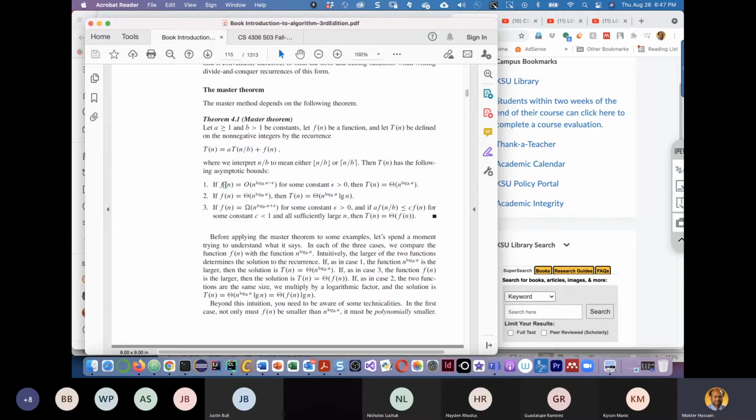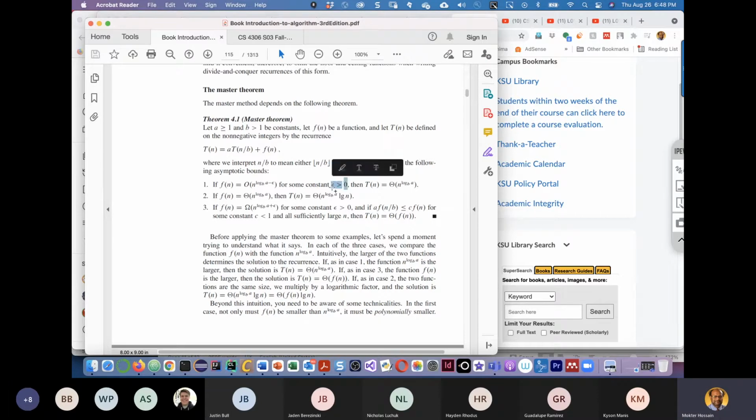Number one, if f(n) equals big O of n to the power log of a with base b minus epsilon, for some constant epsilon greater than 0, that is a positive constant.